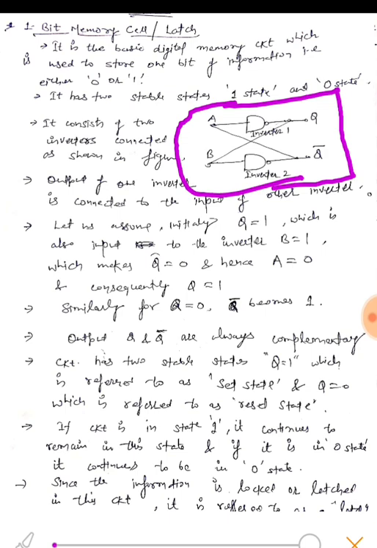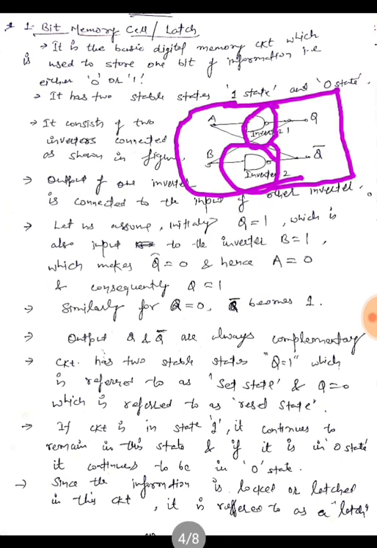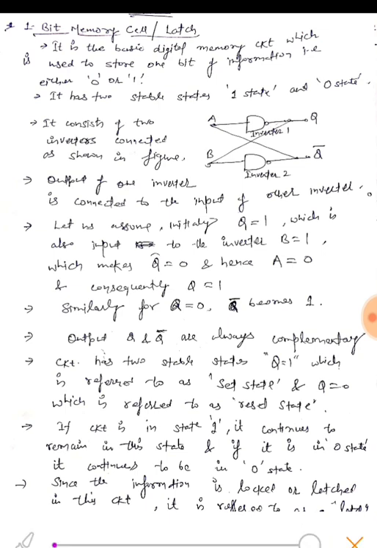This is the diagram of the 1-bit latch. This is a circuit which involves two inverters connected such that the output of one is fed to the input of the other, as we can see in the figure.